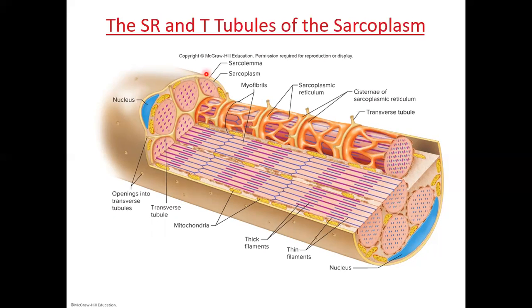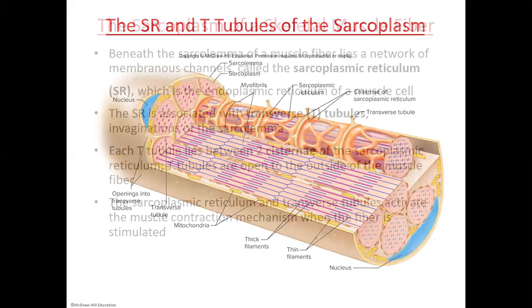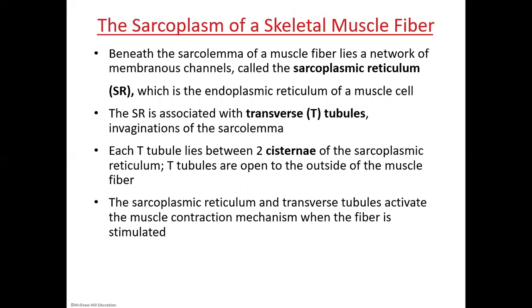Okay, it actually does touch the sarcolemma, and it runs around all of the myofibrils up and down the length of the muscle fiber. And it's connected with the sarcolemma via these T tubules. They're called transverse tubules. They go perpendicular to it.